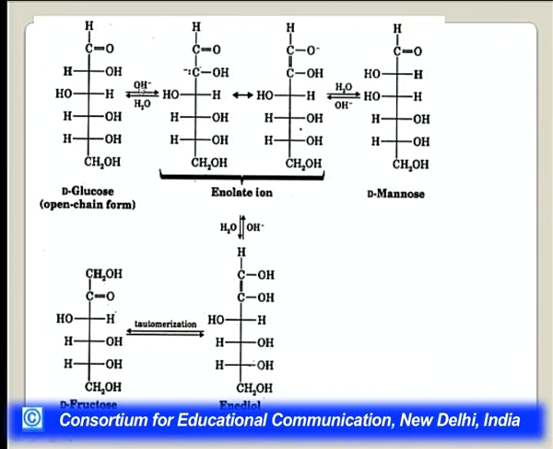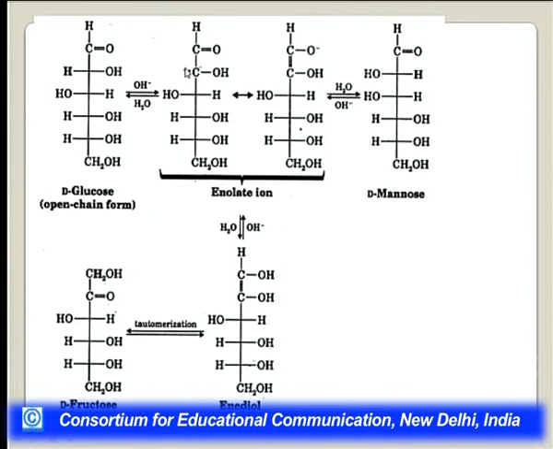What happens first of all? This hydroxyl group abstracts this proton from here, and it leaves a carbanion, and rearrangement takes place over here, and isomerization takes place, and you get another kind of isomer like this. How did it take place?